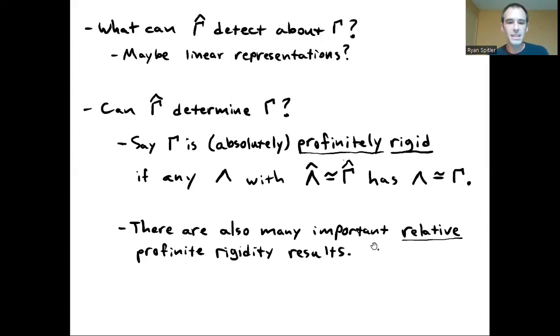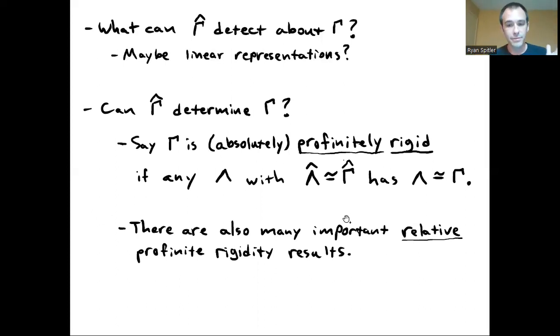But you could ask similar questions, which are more relative, saying that I'm not going to let lambda be any crazy group. Maybe it'll just be some three-manifold group, or a surface group or a limit group. It'll come from some restricted class of groups that I actually understand and can say something about.